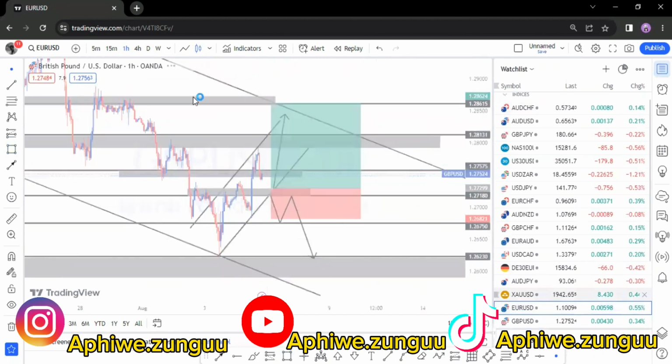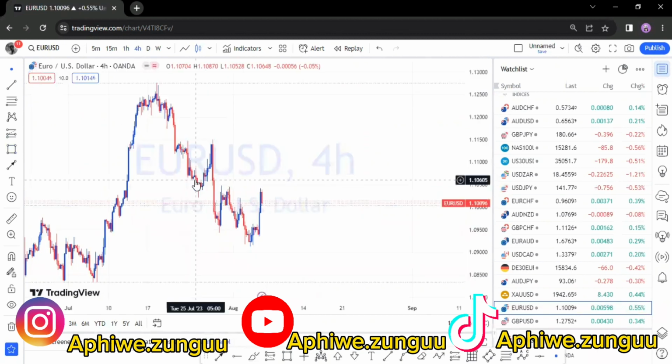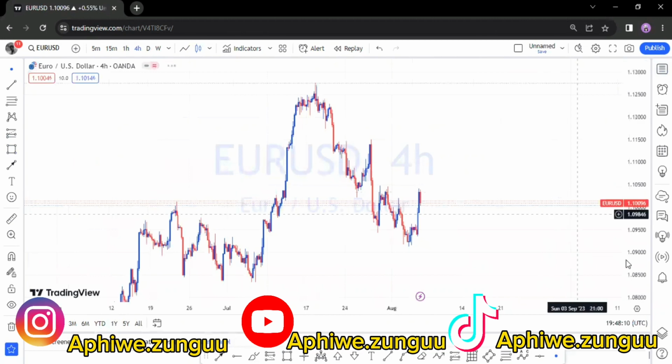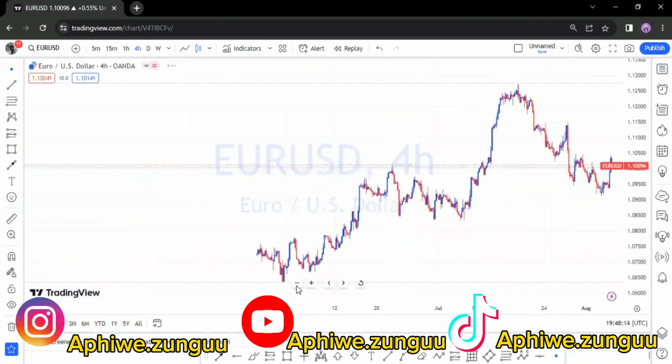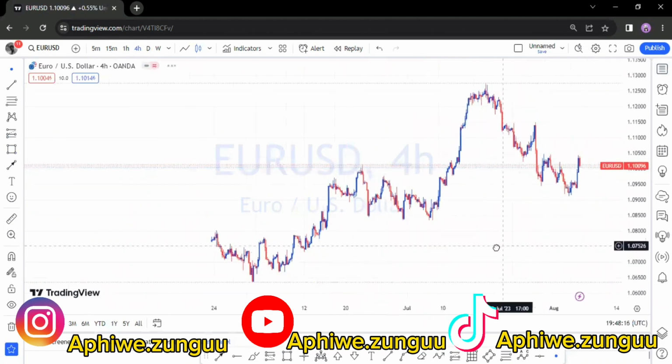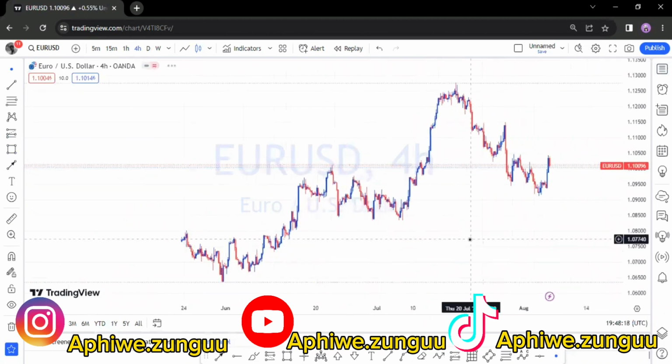Euro USD, in the 4-hour time frame, because we are growing a small account. Yeah, this is Euro USD. Refresh your chart, go back 4 times, and this is what we are seeing. I think Euro USD and GBP USD correlate.